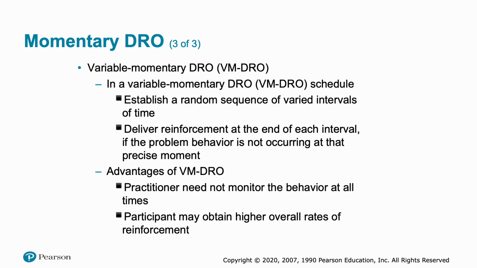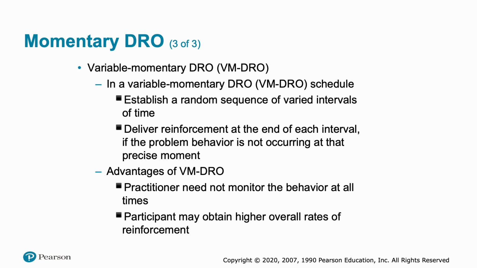And then we have, again, a variable momentary DRO. The variable momentary DRO is going to be similar to the variable interval DRO, except with the variable momentary DRO, we are not concerned about whether they're engaging in the behavior throughout the entire interval. We are concerned about whether they're engaging in the behavior at the specific time in which you are observing, which is usually at the end of the interval.